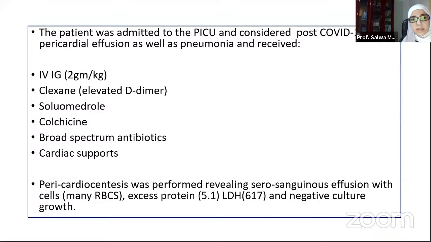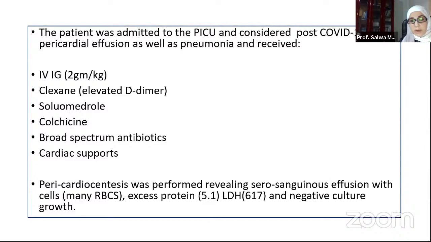But according to her presenting condition, she was admitted to our PICU and was considered a post-COVID-19 case of pericardial effusion and was treated accordingly. She received IVIG. She showed elevated D-dimer, was critically ill. She received anticoagulation, steroids, colchicine, broad-spectrum antibiotics, and cardiac support was managed by the PICU team according to her condition.